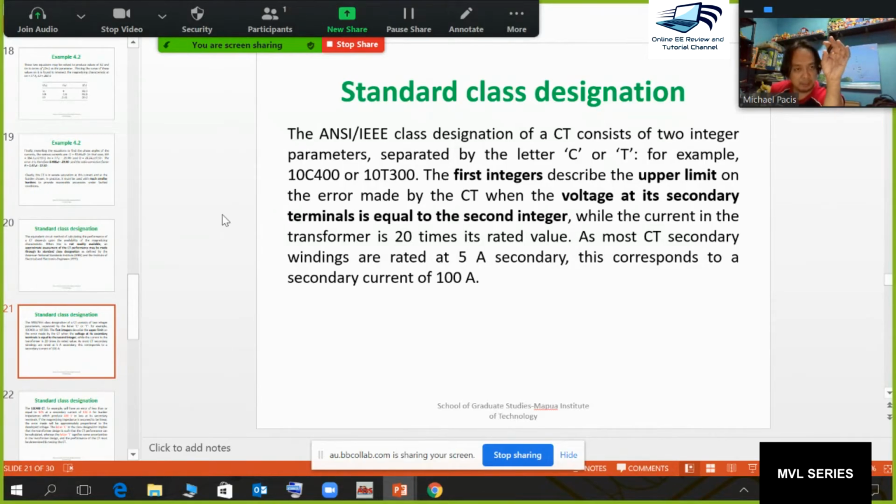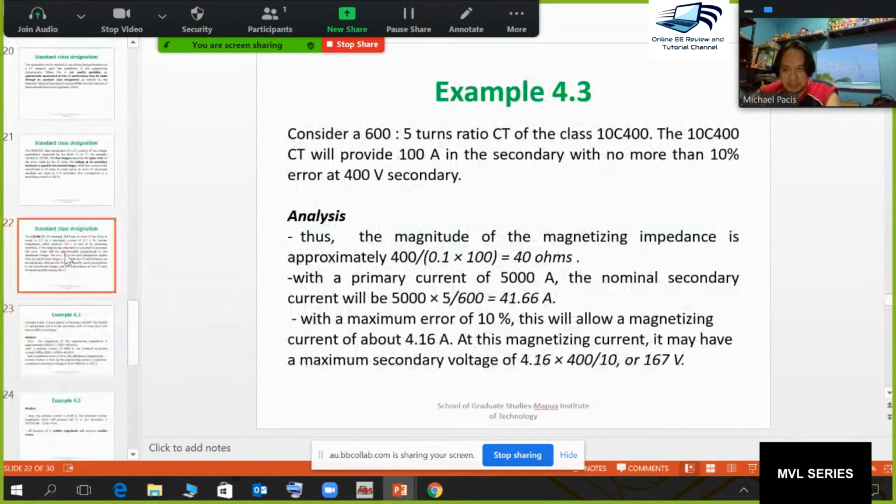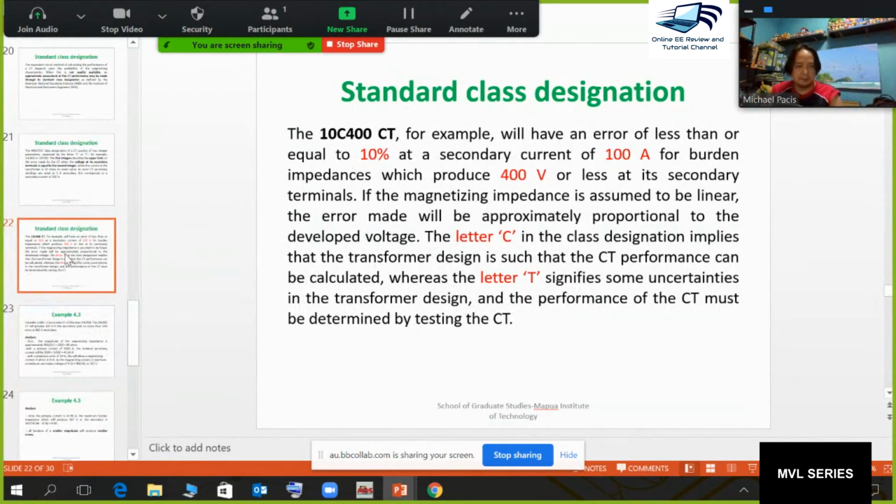So what the C says is that the secondary current is always 20 times the rated value, as most of the CT secondary windings are rated as 5 in terms of the IEEE standard with a current of 100 amperes. We can have this example here, but later. Oh, by the way, it's already written here: C means class designation. T signifies uncertainties of the transformer.